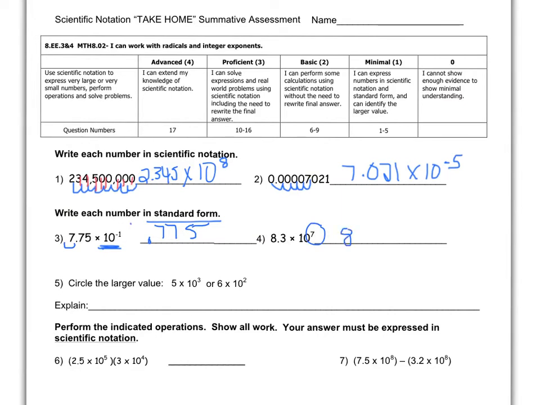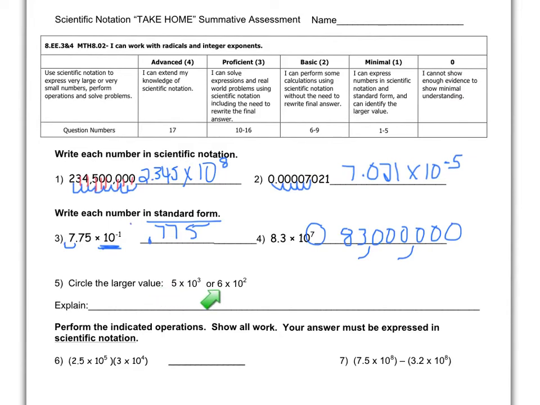So, we're moving it 7 places. 8, 3, so that's one of the places, and we have to go 6 more places. 1, 2, 3, 4, 5, 6. I'm going to put my commas in every third from the end, and then I'm going to double check one more time. 1, 2, 3, 4, 5, 6, 7. So that's perfect.